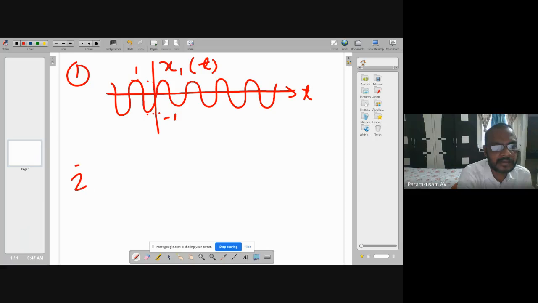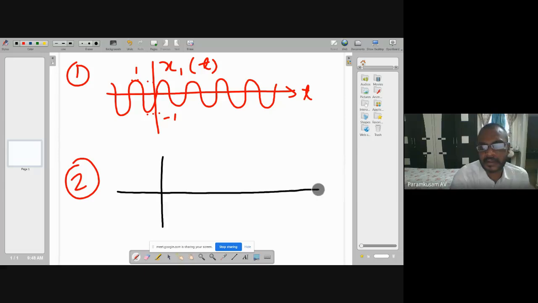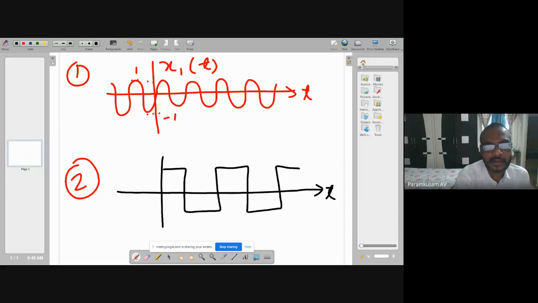I draw another signal also. Here also, this is x2 of t, 1, -1.